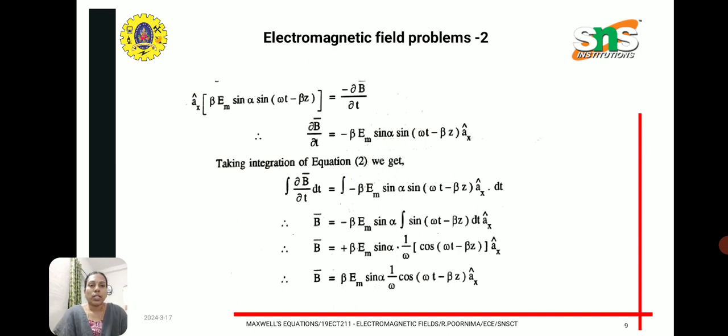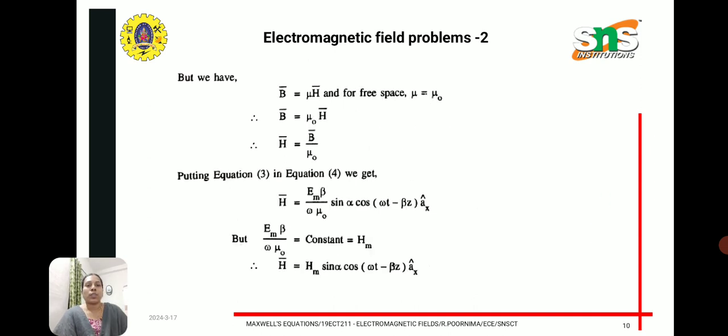Integrating this, we get minus beta Em sin alpha, and the integral of sin(omega t minus beta z) dt Ax cap. After integrating we get B vector as beta Em sin alpha times 1 by omega cos(omega t minus beta z) Ax cap. This is the magnetic flux density value. From this we can find the H vector using the relation B by mu naught.